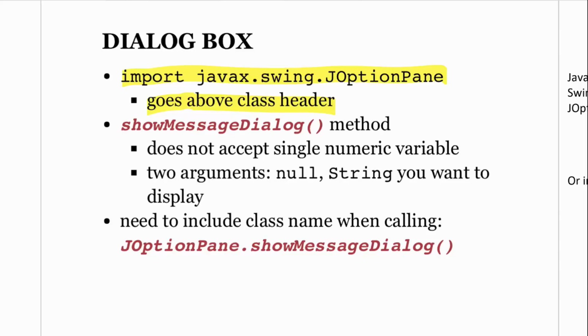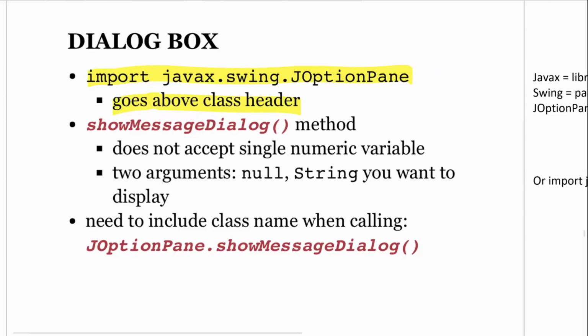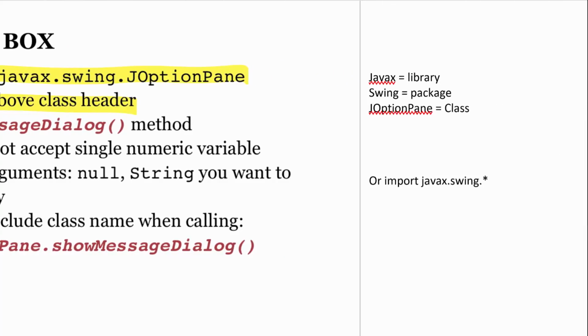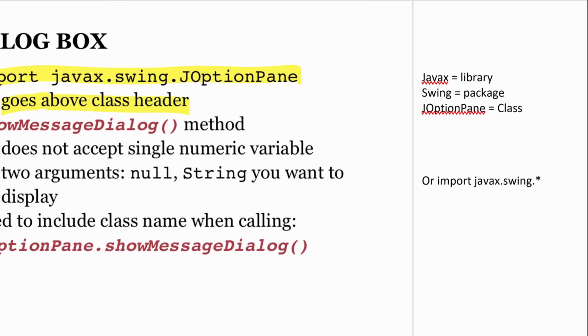So I'm just going to dissect what each of these words mean, what javax, swing, and JOptionPane mean. On the side, I just made some notes here. So javax right here is a library that exists within Java. There's a bunch of packages, a bunch of methods that exist in the javax library. So you have the library, then .swing, and swing is a certain package that exists within Java.